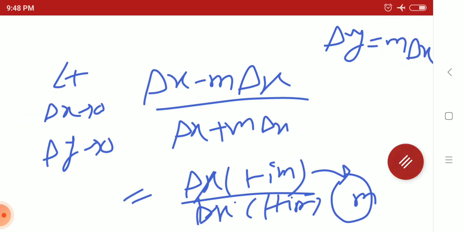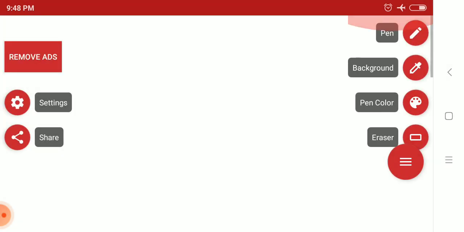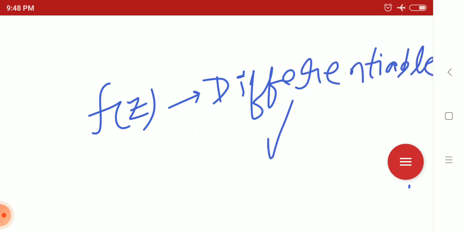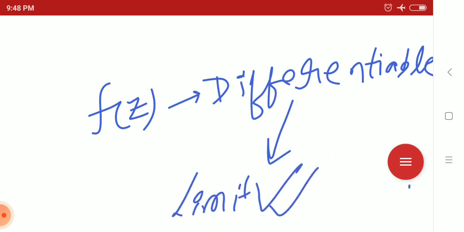If a function is differentiable, then its limit will exist. So here the limit is not independent of path.